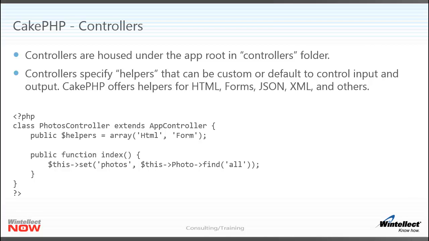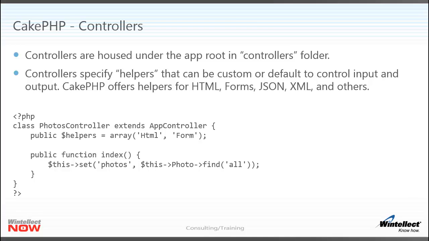In other words, CakePHP can receive stuff from the browser, and it can also post stuff back to the browser. These helpers are the things that help translate data into an output, or translate data from an input form into objects. So they're kind of those mediators between what the view gives you, or what you're sending back to the view, and what your actual objects are.